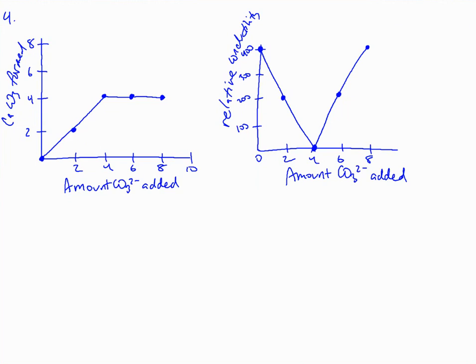So explain the shape of the graphs. For this one, the amount of calcium 2+ is fixed.